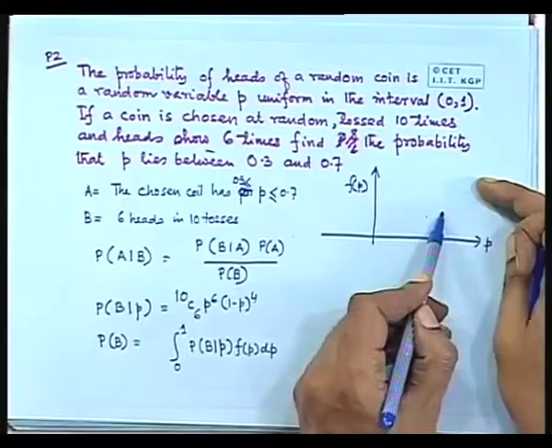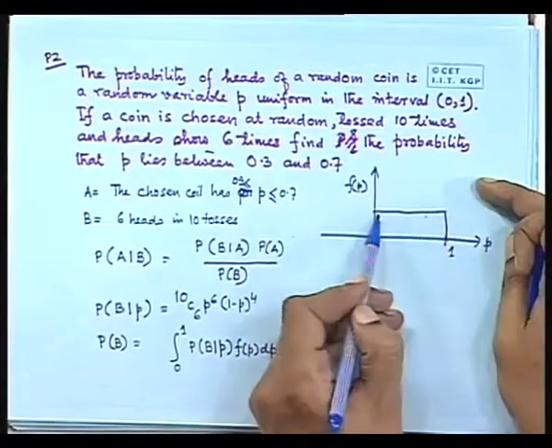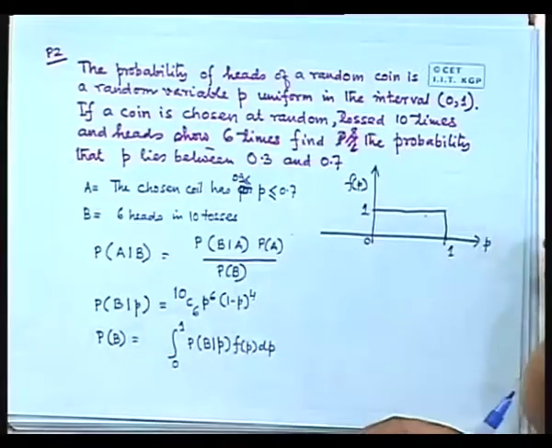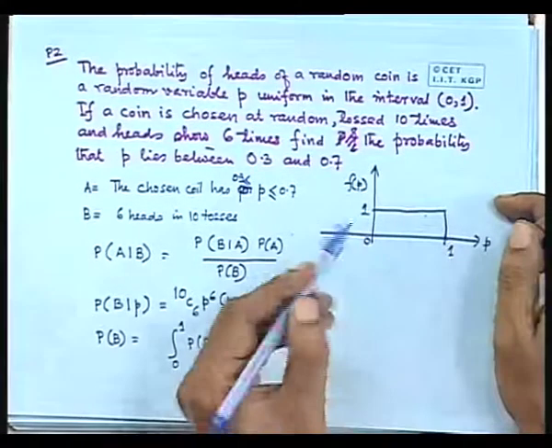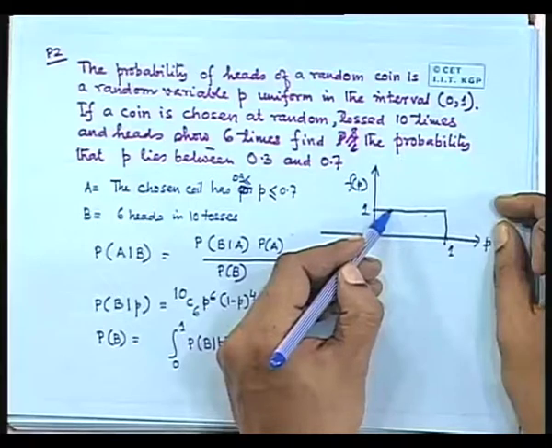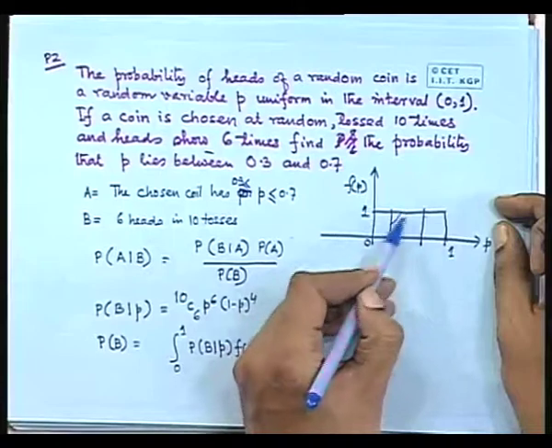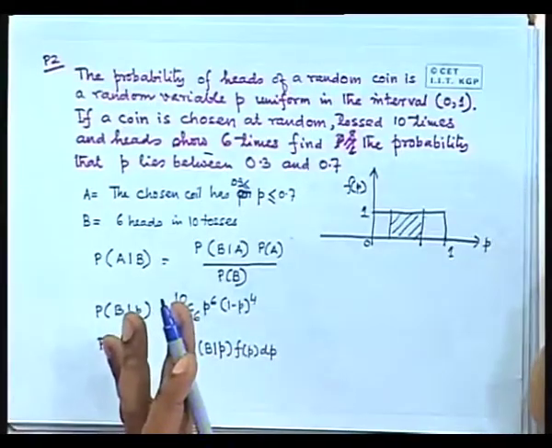This is P. 0 and 1. So suppose this is 1. So this is f(p), uniform in the interval 0 to 1. This is 0. This is f(p). So this whole area is 1. So then between 0.3 and 0.7, say 0.3 is somewhere here and 0.7 is somewhere here, it is going to be 0.4 naturally. So P(A) is 0.4, there is no doubt about it.